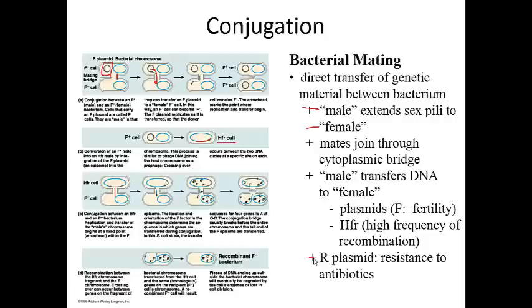That F plasmid contains the genes that will allow the bacteria to form the cytoplasmic bridge, and these bacteria that have the F plasmid inserted into their genome are referred to as HFR bacteria, bacteria that have a high frequency of recombination. These three methods, along with a high rate of mutation, allow for tons of genetic variation in bacteria. Genetic variation is at the heart of Darwin's theory of natural selection, and that's going to allow these bacteria to evolve very quickly.